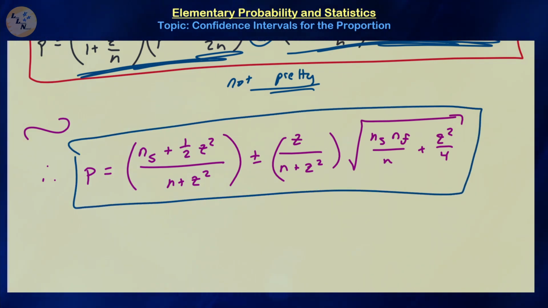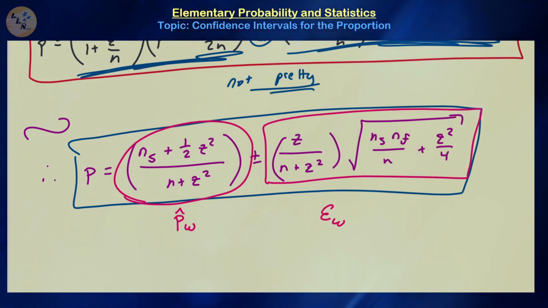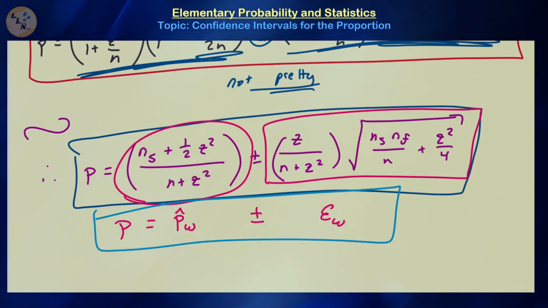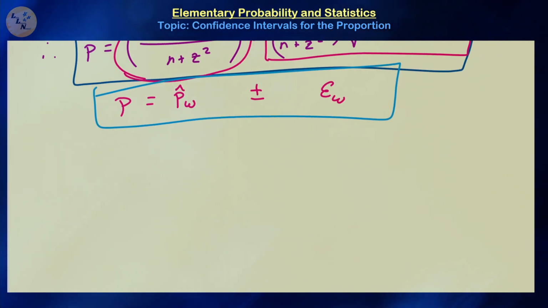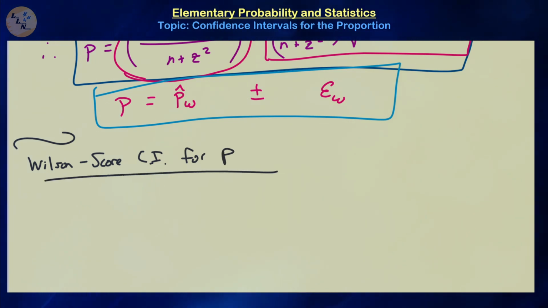So what do we have here? I'm going to call this term p hat W, and then I'm going to call this term epsilon W. And then I have that p equals p hat W plus or minus epsilon W. So now I have what I call a Wilson score confidence interval for the population proportion. So a Wilson score confidence interval for the proportion p.